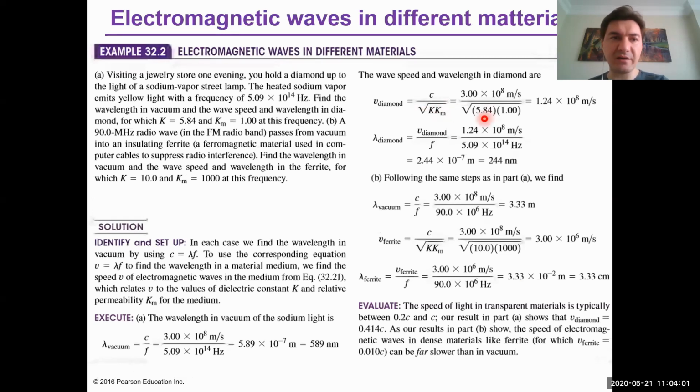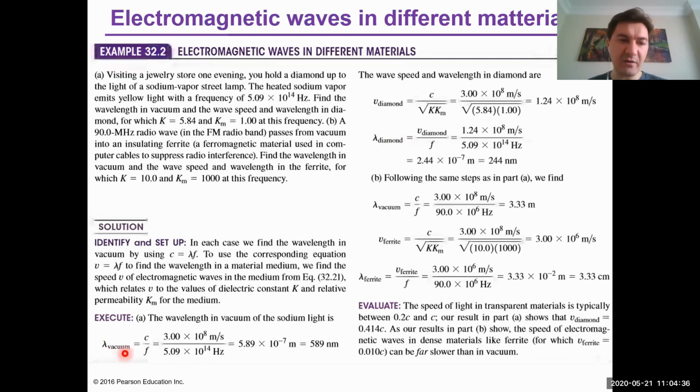Put the K here, K is given, put the Km here, it is also given, put the velocity of light here, then the velocity in diamond is 1.24 times 10 to 8 meter per second. So the speed of yellow light in vacuum is given by that number, but within the diamond it is slower, you see.